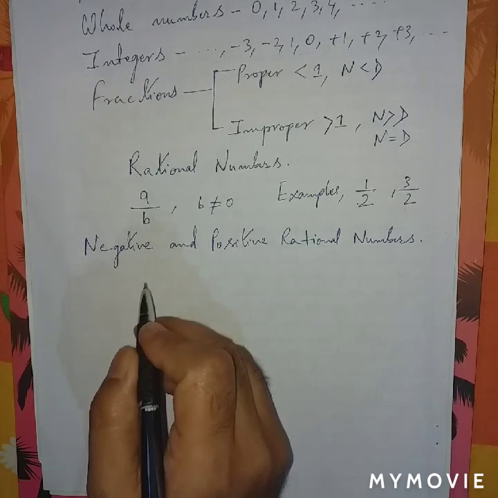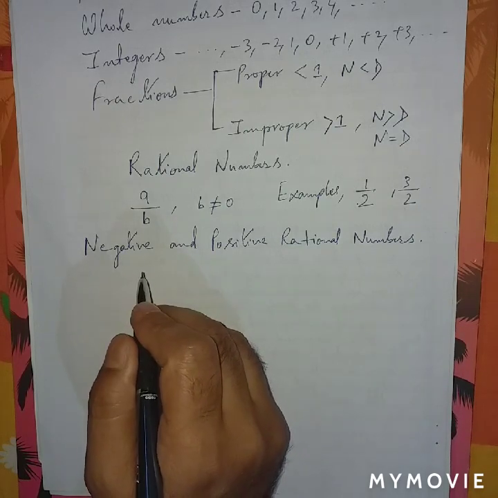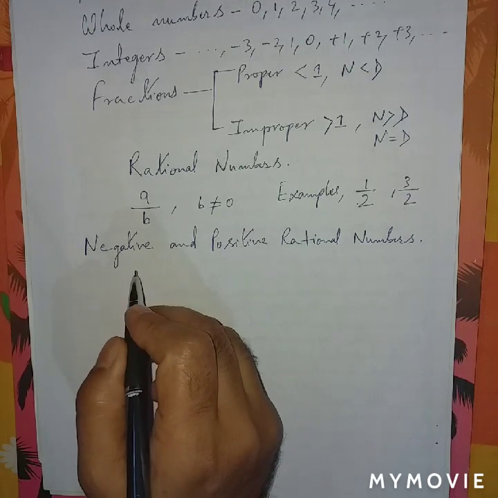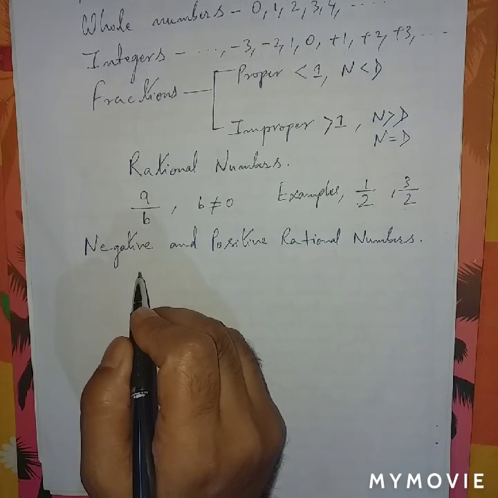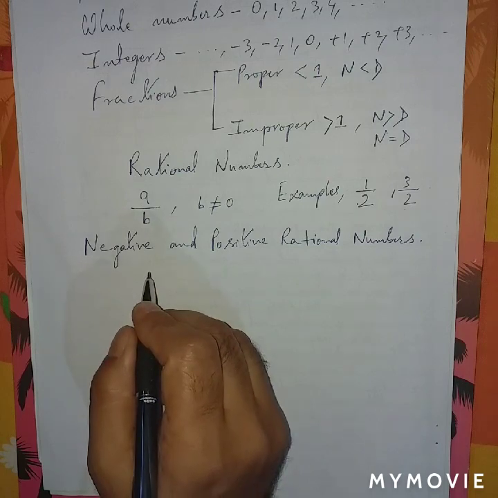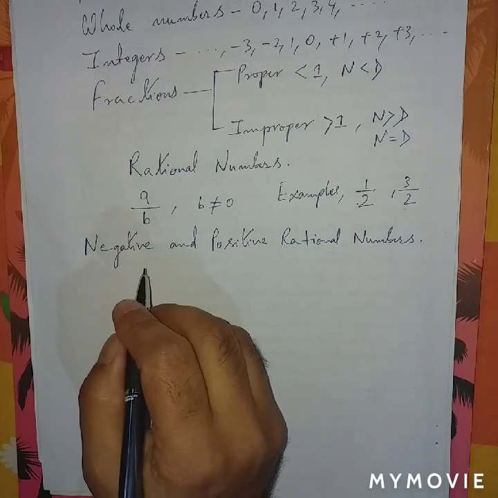In the same way, in rational numbers also, the numbers which are greater than 0 are positive rational numbers, and numbers which are less than 0 are negative rational numbers.